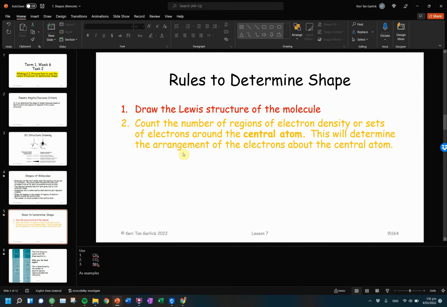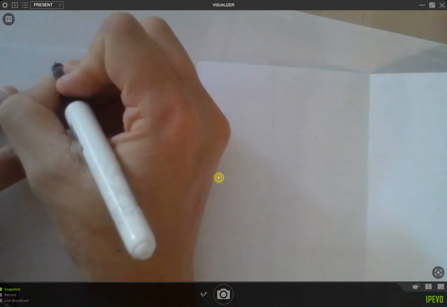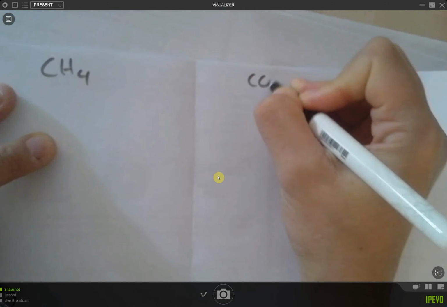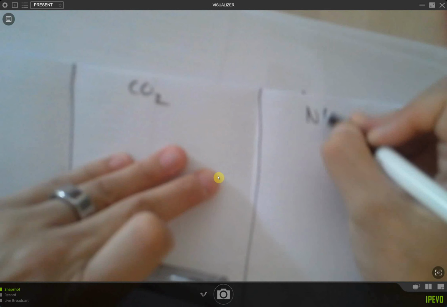So I had 3 examples that I wanted to do, and I'll fold the paper again. Some of them actually we did as examples in the last lesson. So I'll just quickly draw the Lewis structures of them. If you're not confident with Lewis structures, I suggest you go back. So we are going to do CH4, CO2, carbon dioxide, and we're also going to do ammonia, so that way you can see a fair number of examples.